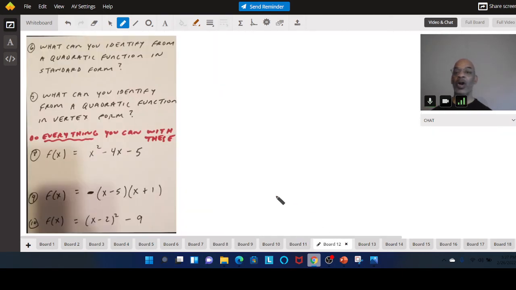Next, what can you identify? Oops. The standard form, we did vertex form. I should ask, what can I identify from a quadratic function in intercept form?